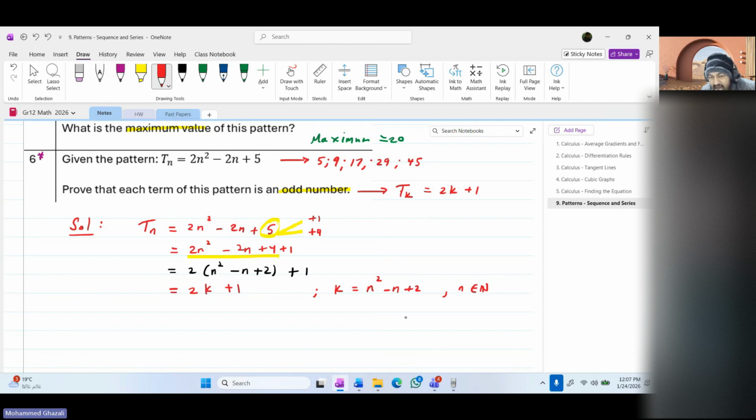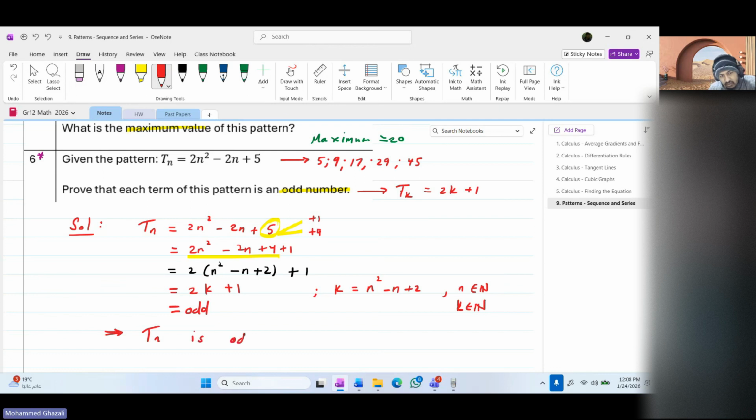Let's substitute n as 1. If n is an element of the natural numbers, k will also be a natural number in this case. But if you put integer, it's no big deal. It depends on what the first value is. So we got 2k plus 1, which is odd. This implies each term, this implies Tn is odd. That's it.